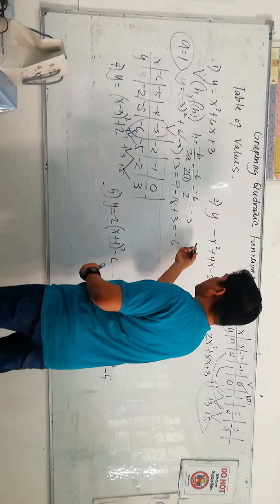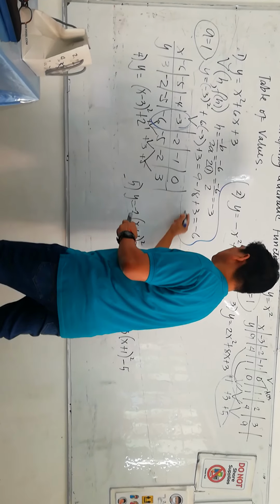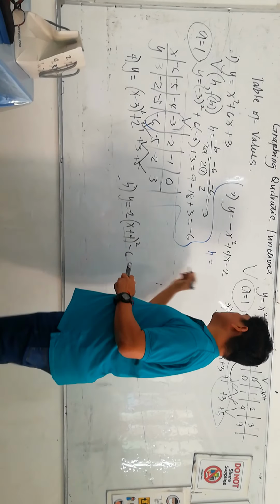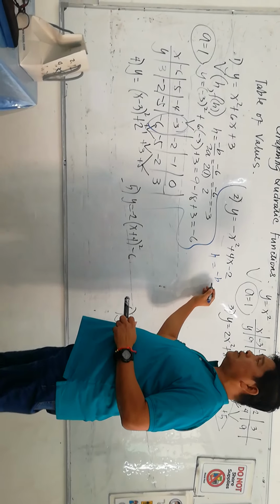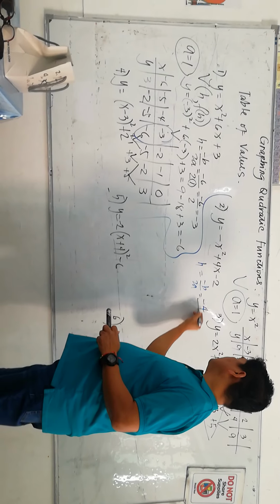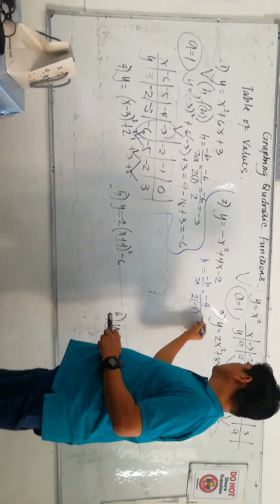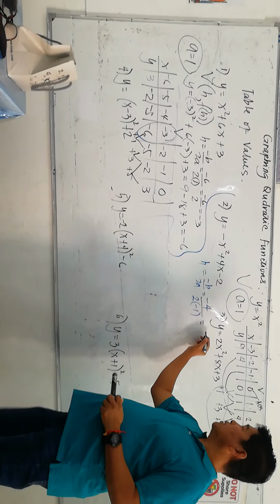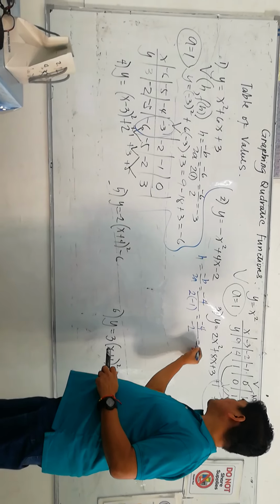Number 2. So your h is equal to negative b all over 2a. So negative of positive 4, so negative of 4 all over 2 times negative 1. That is now equal to negative 4 all over negative 2, which is equal to 2.